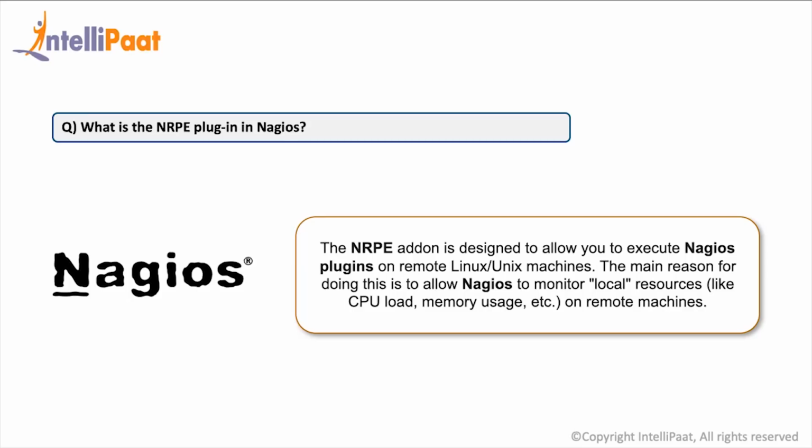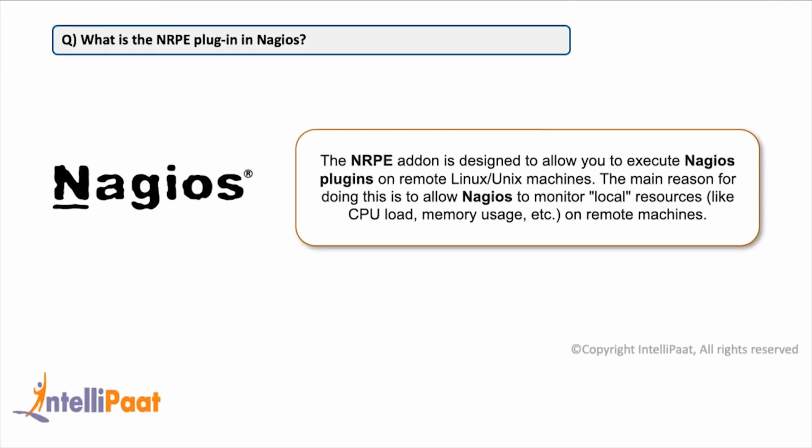Nagios being a monitoring tool, you just have to install the NRPE extension on the client machine, and it will give you real-time data of the resources being consumed on that particular client machine. And obviously, when you're working in a production environment, you will be monitoring multiple machines, and with NRPE plugins installed on each of those machines, you can easily monitor their resources at one central place. And that is exactly what an NRPE plugin is.